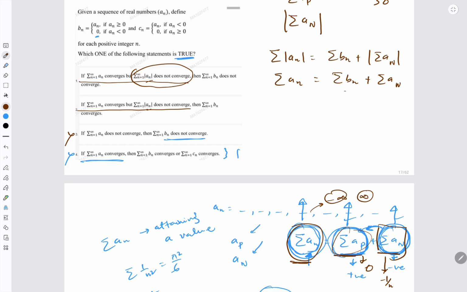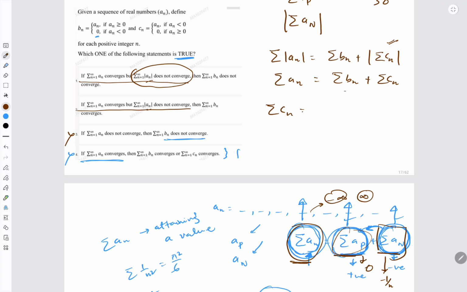They are asking about sigma bn only. They are not interested in sigma cn, so I have to eliminate sigma cn. How can I eliminate sigma cn?